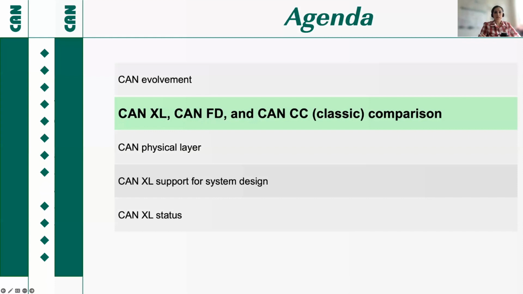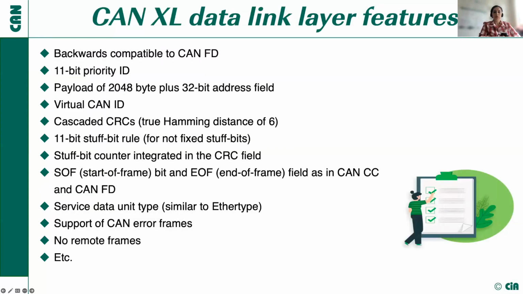In this slide, I would like to talk about CAN-XL features. Here you can see the features, but I want you to ask yourself why we actually need CAN-XL. I would answer for you: it helps you to implement a network which has a payload of 2048 bytes.